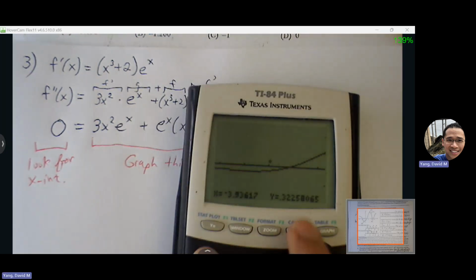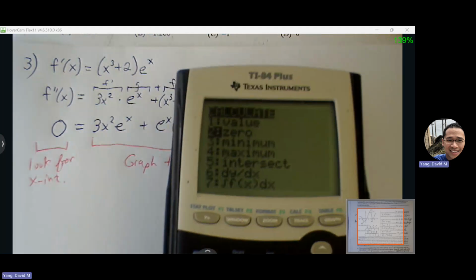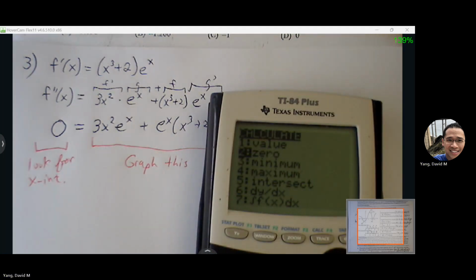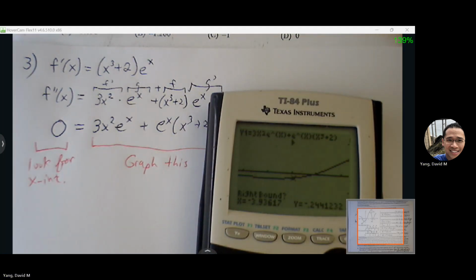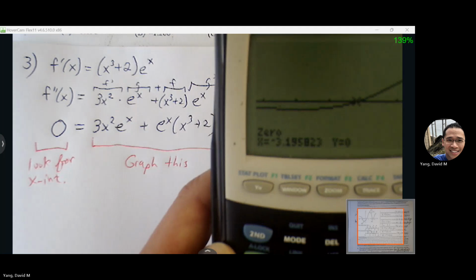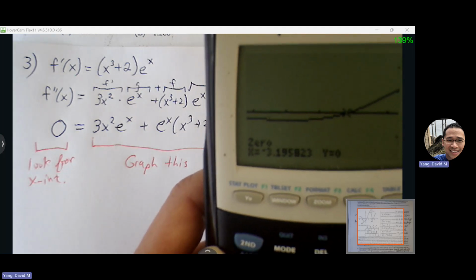I'm going to use second trace zero to pick points on either side of the x-intercept and ask the calculator to find that decimal value for me. I got negative 3.196.